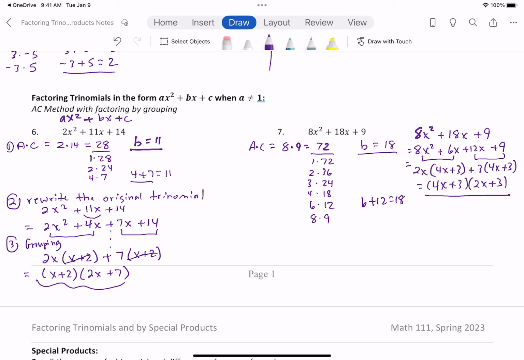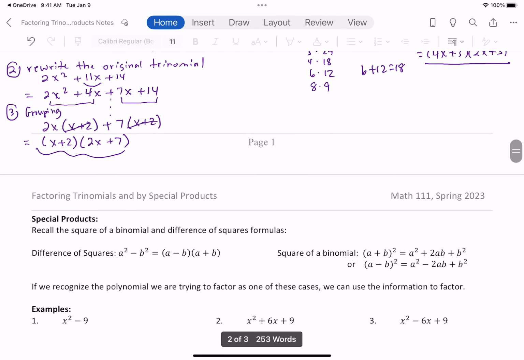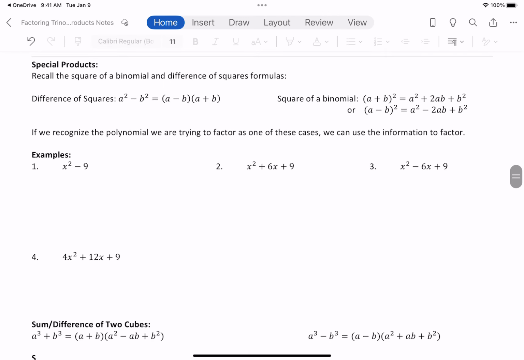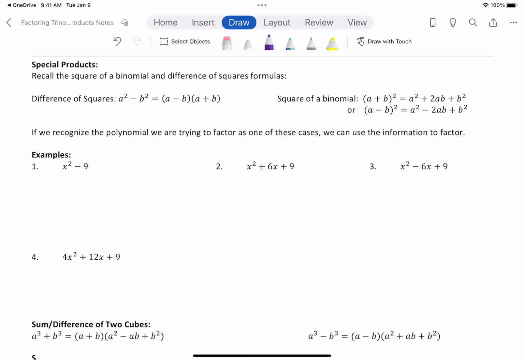Alright, the next ones that we're going to look at are what we call special products. And we call them special products because if we recognize what we're given as one of these special products, then factoring them can be a little more simple.